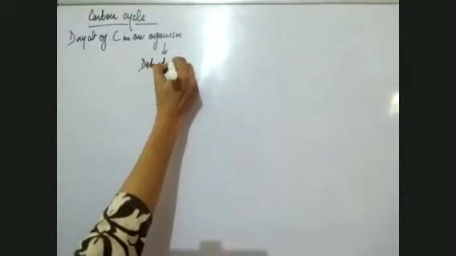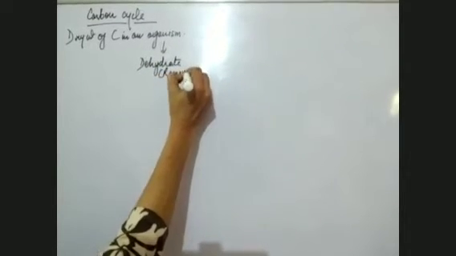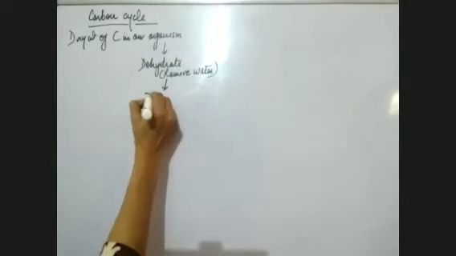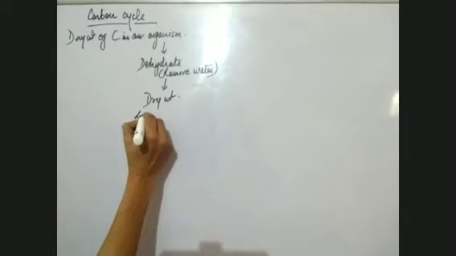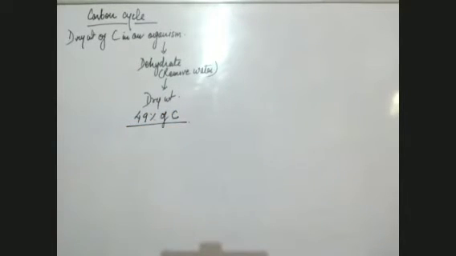This dry weight of an organism contains 49% of carbon. So about 50% of that dry weight is carbon. This is the amount of carbon present in an organism.